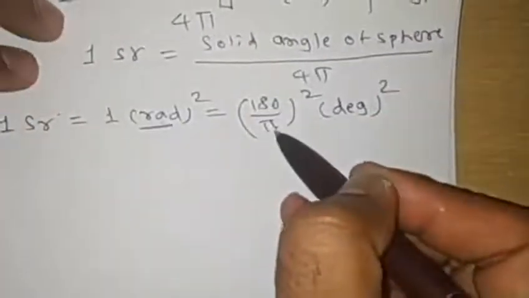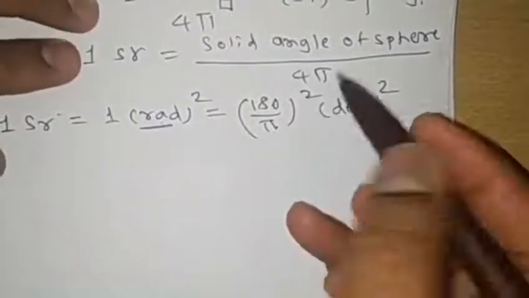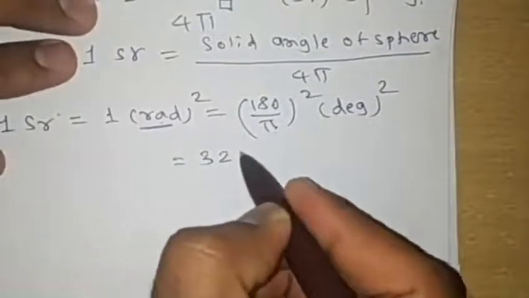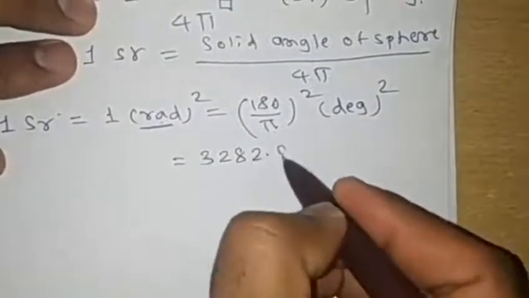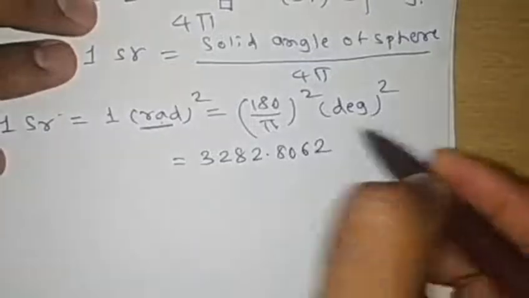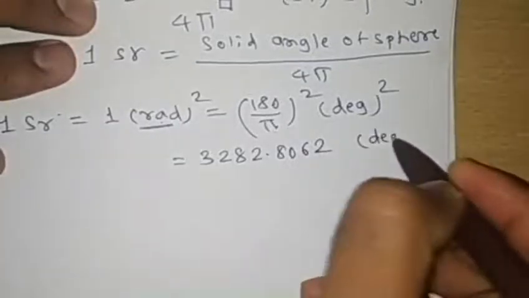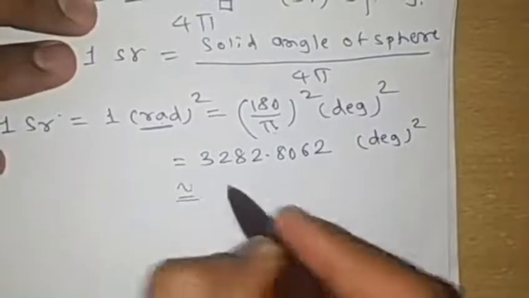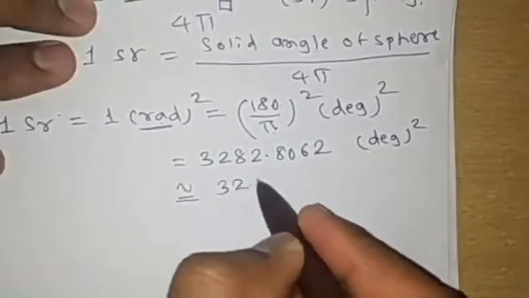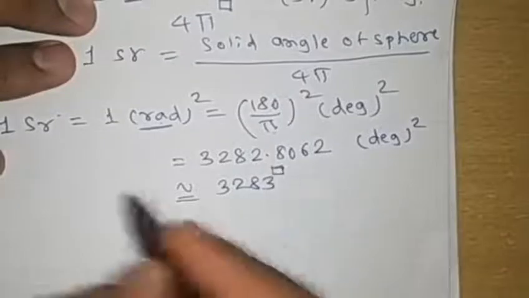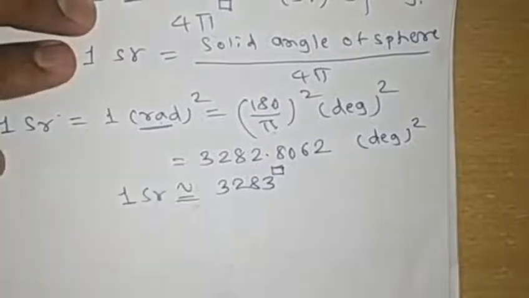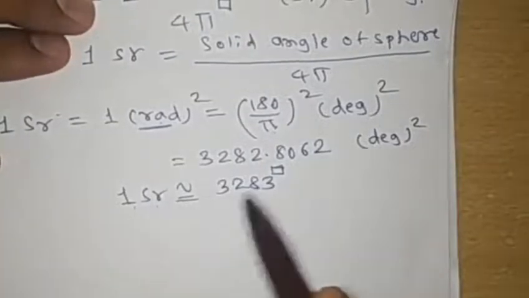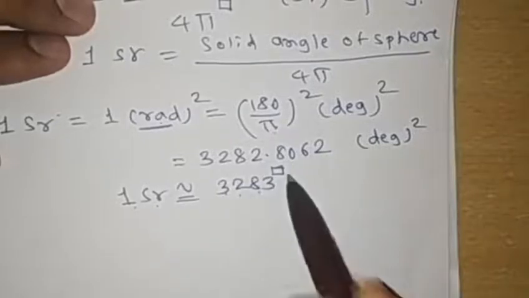So 180 divided by pi whole square gives us a number 3282.8062 square degrees. If we approximate this number, then we can say 3283 square degrees is what is 1 steradian.